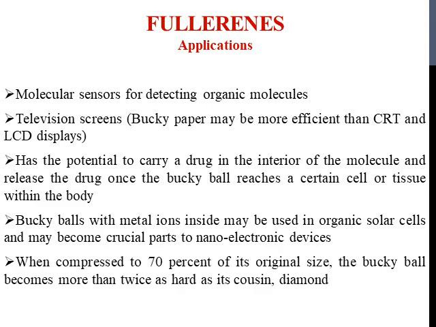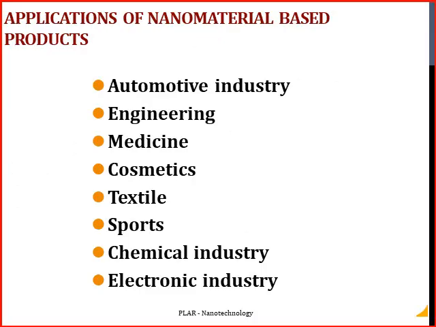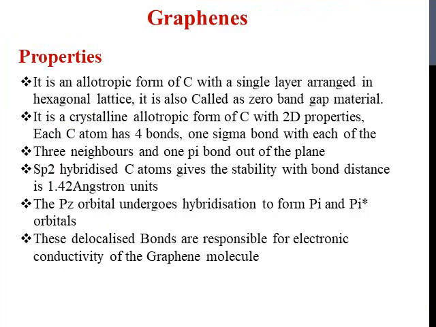When compressed to 70% of its original size, these buckyballs become harder and are like diamond. Applications of nanomaterial-based products include the automotive industry and engineering, medicine, cosmetics, textile, sports, chemical industry, and electronic industries.